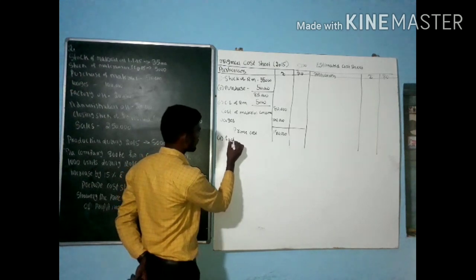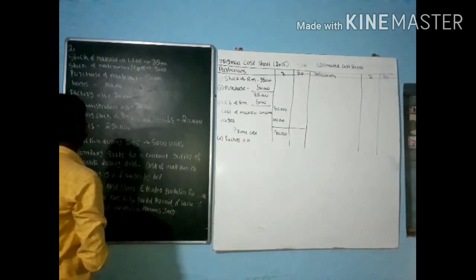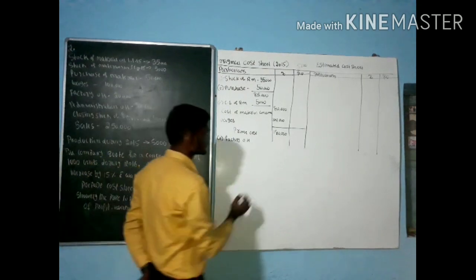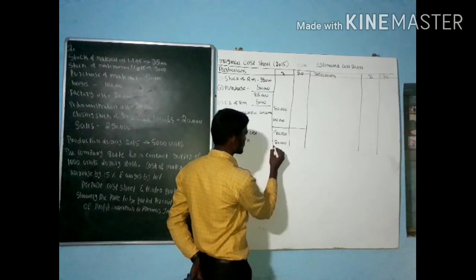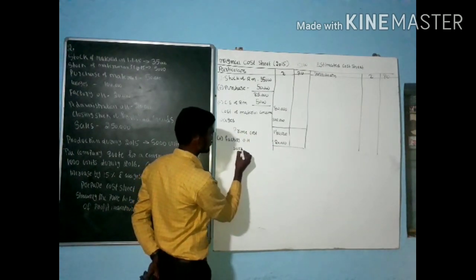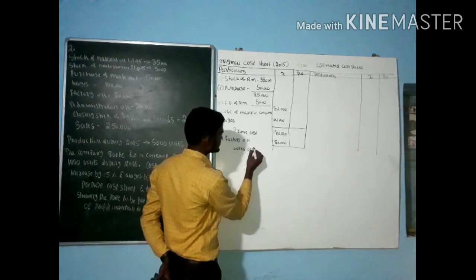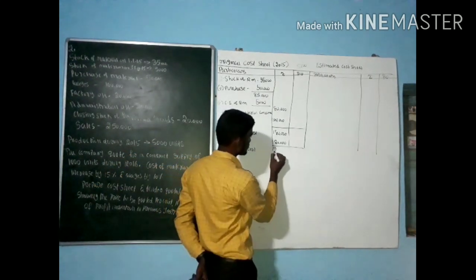Next one, factory overhead. How much is factory overhead here? Factory overhead is 20,000. So the answer is called works cost. Suppose it is given any kind of scrap, we need to minus under this 2 lakh.